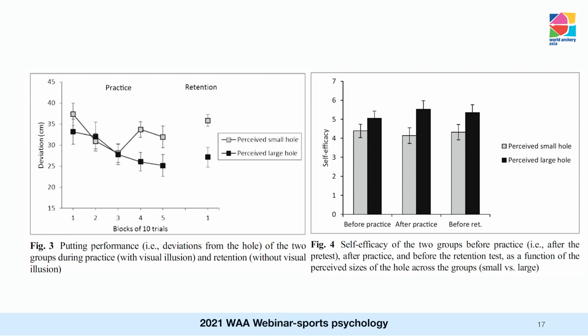So this might give you an idea that maybe you can be more creative or try to use this illusion effect to make the training become easier for your athletes, even though they are the same.